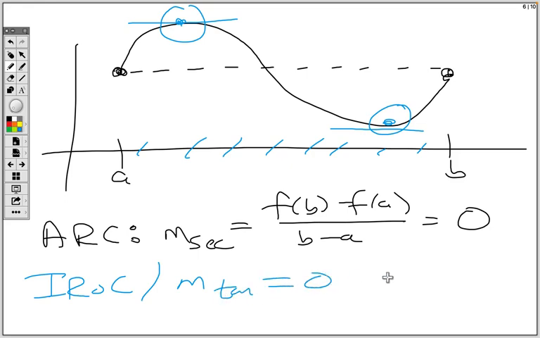So what's happening globally over the entire interval is matched by what's happening locally at one point inside the interval. This is a theorem that takes global behavior and matches it back to local behavior. And we'll see a more general version, well, it appears to be a more general version of this, in the mean value theorem. So thanks for tuning in.